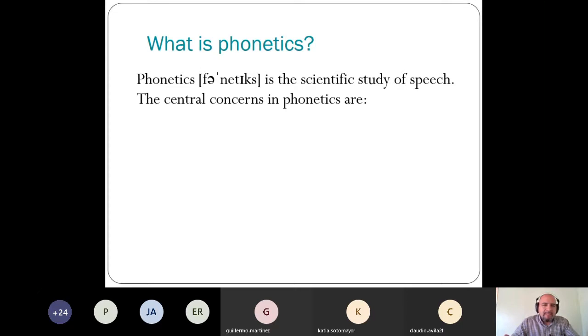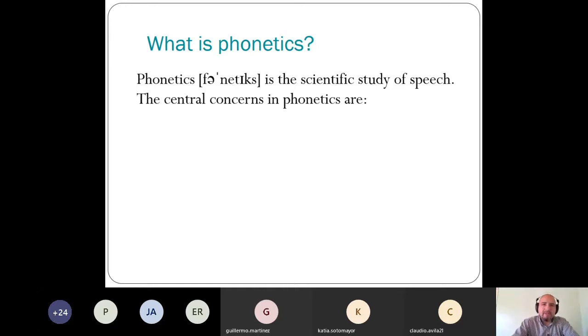I'm using my tongue, right? And my tongue is being pressed on a specific area of my mouth. It is produced by pressing the tip of the tongue against the area called the alveolar ridge, and that's what phonetics deals with.